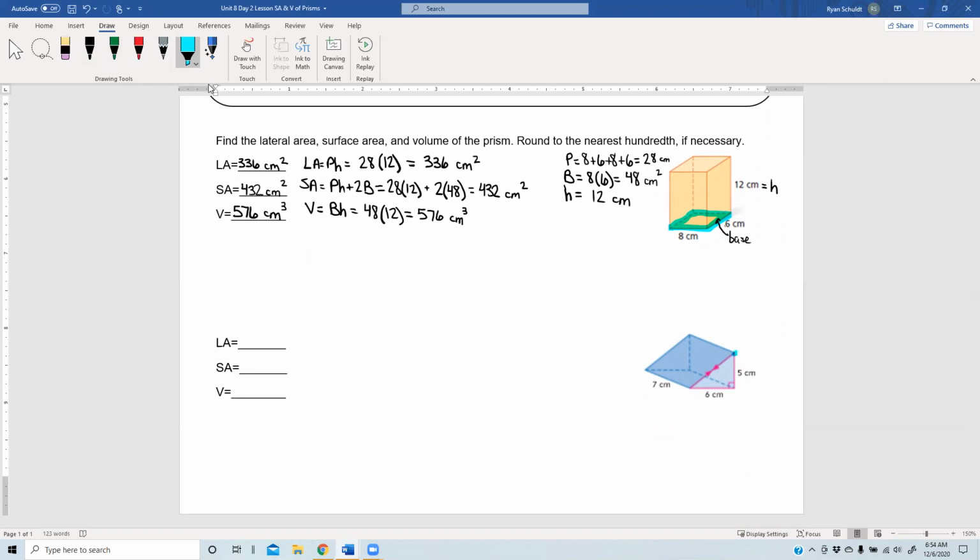I see a triangle here. So that means this triangle is the base, which means this is a triangular prism.